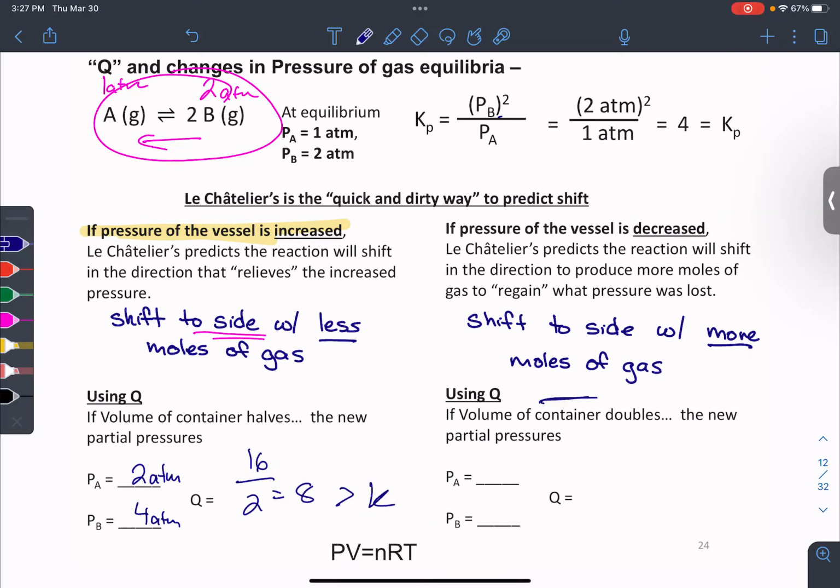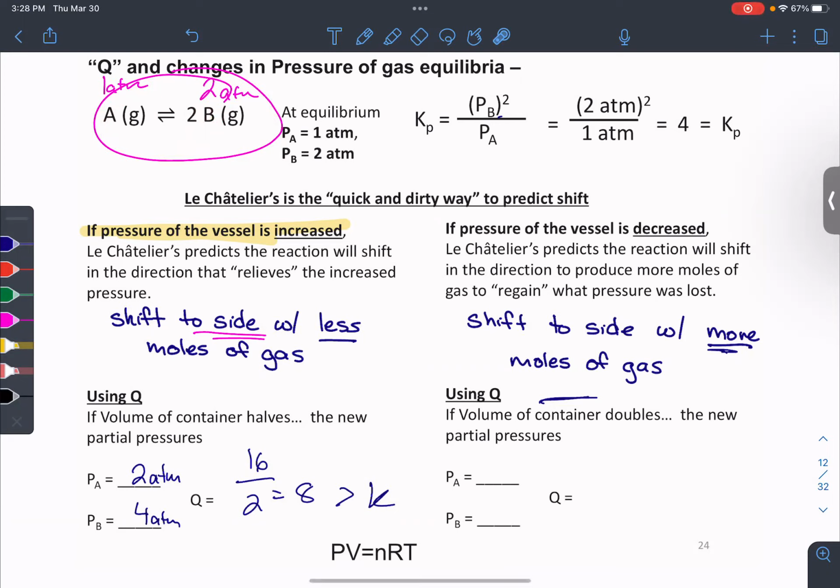So for the other way, we squeezed on the container, reduced volume, increased pressure, and the reaction relieves itself by going to less moles of gas. The opposite is true too. If we expand our vessel, we lower the total pressure of our system, and the reaction will want to regain the pressure that was lost by moving to the side with more moles of gas. So if we expanded this reaction, it is going to shift to the product side because you can fill that void by those extra moles of B, essentially.